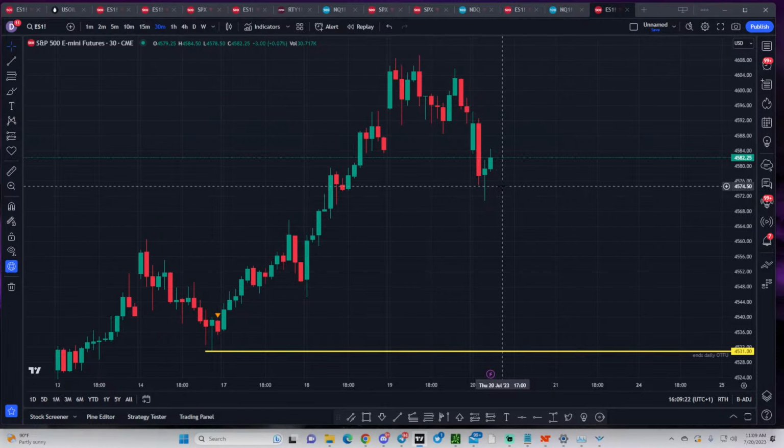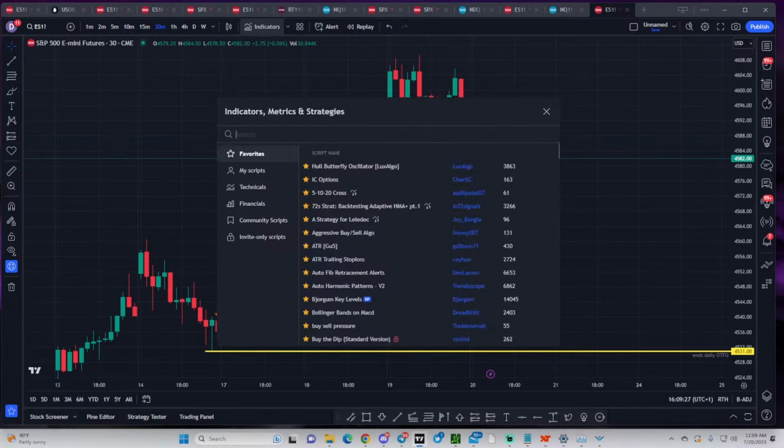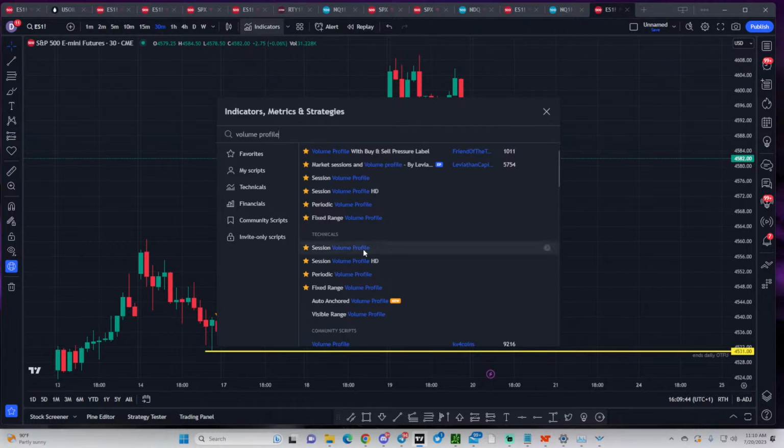TradingView has a couple of indicators. For example, I go indicators here, and I'll type volume profile. These are the TradingView indicators, the ones you see where it says technical. So we can do volume profile in here, and we're gonna use the one that says periodic volume profile.